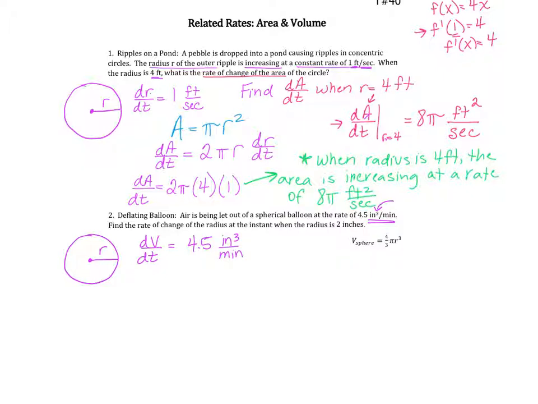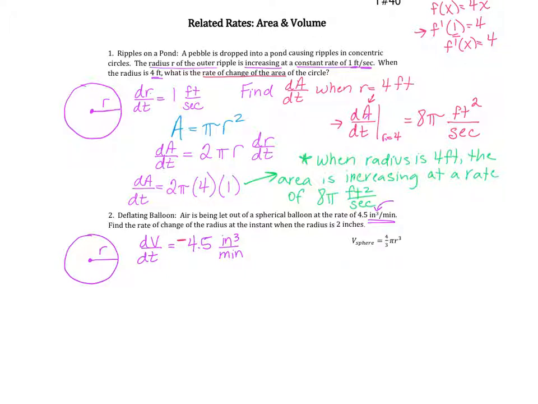Now remember, I always ask myself, is the volume of that balloon increasing or decreasing? Well, if air is being let out of the balloon, it's shrinking. So the volume is decreasing. If your variable is decreasing, that means the rate is negative, and you have to put that in.